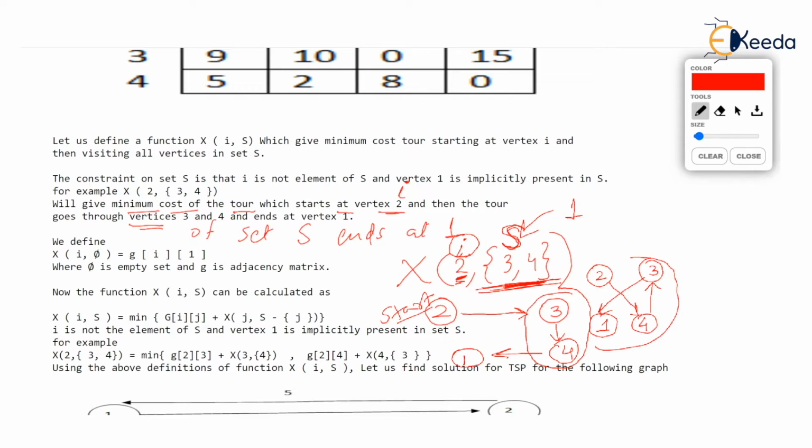And the function will check both these possibilities and will give you minimum out of the two. It will tell that after using both these methods, which method will help us in getting minimum, which gives the tour or travel which starts from vertex 2, goes to 3 and 4 and returns back to 1.